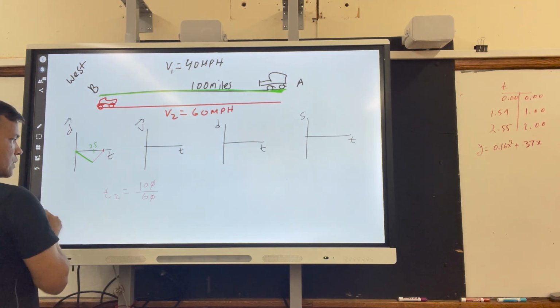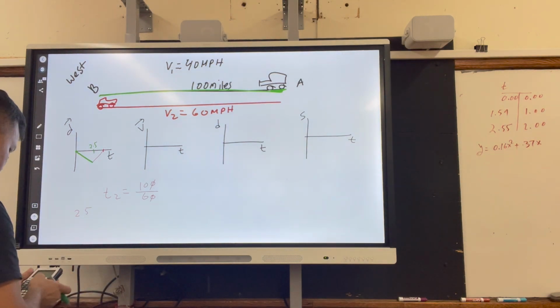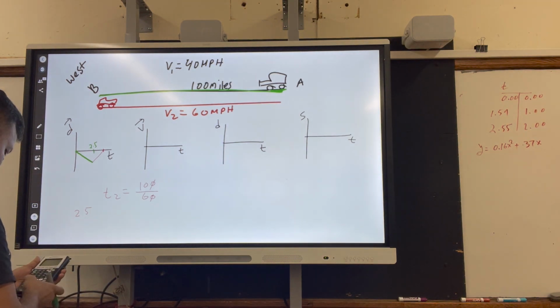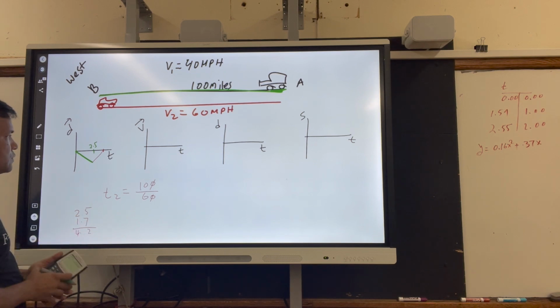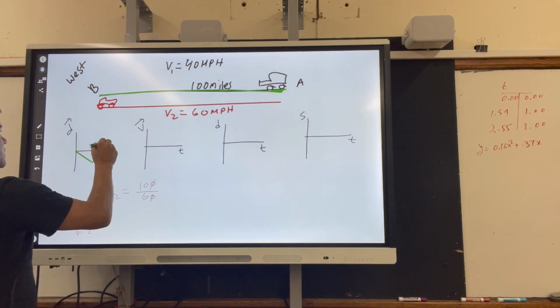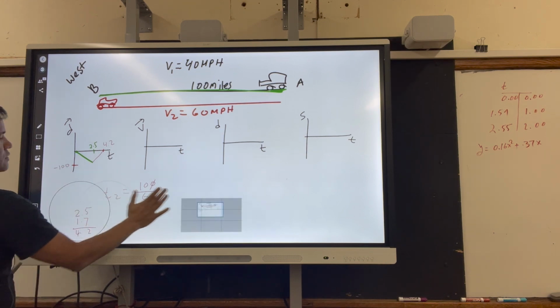So the other one is 2.5, and 10 over 6 is 1.7. So this is 4.2, and this is of course negative 100.